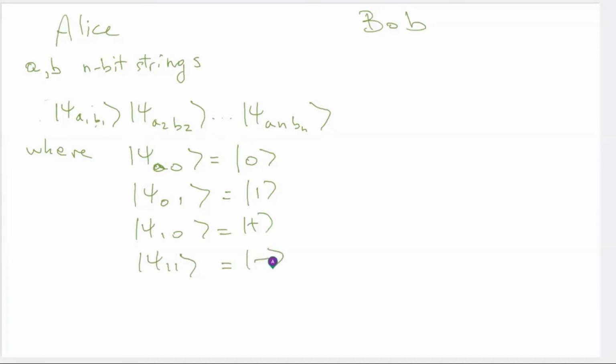In other words, the first entry, A, tells me the basis I'm encoding the qubit in, either Hadamard or standard basis. And the second bit, B, tells me whether I'm encoding the qubit in the 0 state or the 1 state, or the plus or the minus.